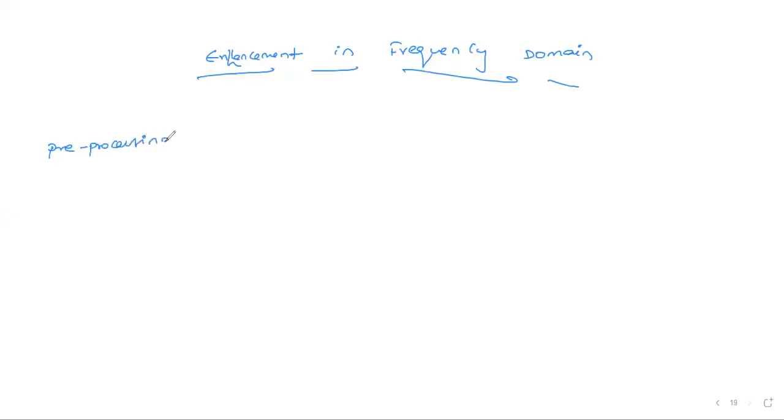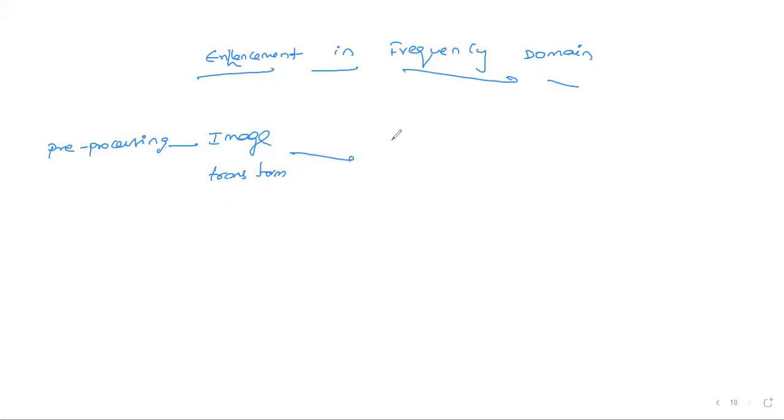Pre-processing means capturing of the image and so on. So for pre-processing, we apply an image transform, so that after transforming the image we get the frequency domain.